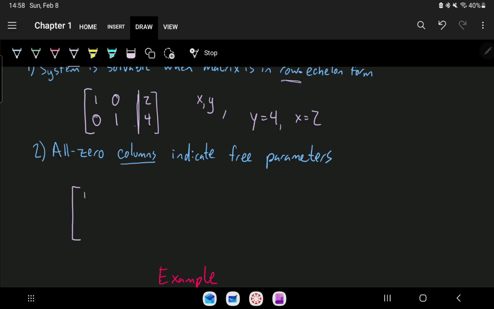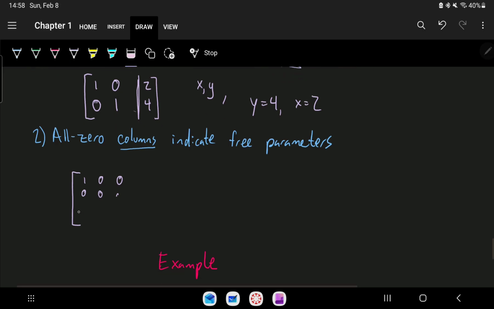So if I have something like this, I'm sorry, I want to change this a little bit, because we want all of our free parameters to be the last variable, right? Well, now I see that this column is entirely zeros.